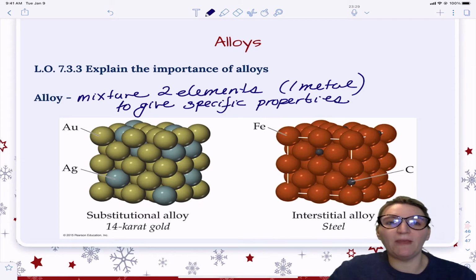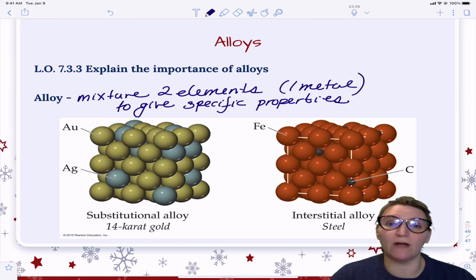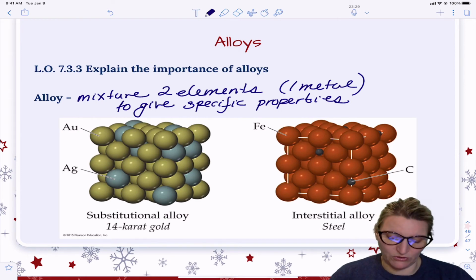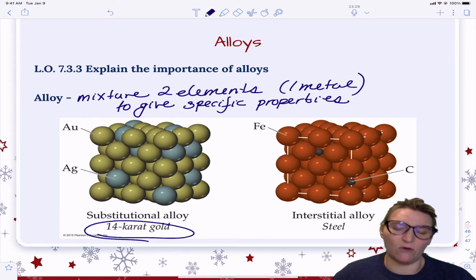And although you have probably heard about alloys before, very rarely do you see examples of a pure metal. Most metals that we see around us are alloys of different metals together. Anytime that you see gold, you can see here 14 karat gold.